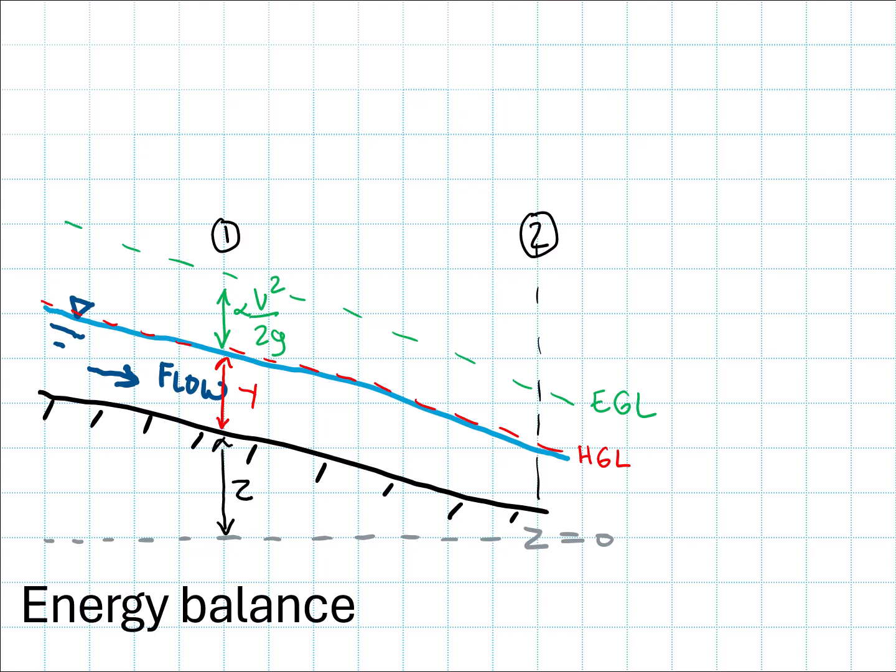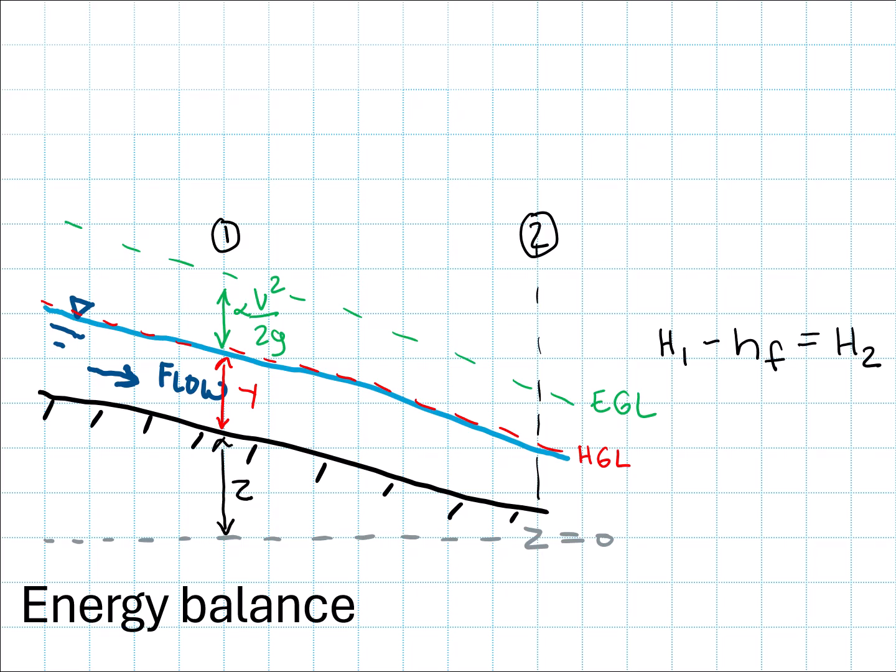So if I want to calculate the energy balance between these two cross sections, again, the total head between these two is going to be equal, less any energy that is lost to friction as the flow moves from 1 to 2. So the way we've written this in the past, total head at cross section 1 minus any energy loss due to friction is equal to the total head at our downstream cross section 2. That still applies. I could just as easily have written this for an internal flow as I've done right here for an open channel flow.